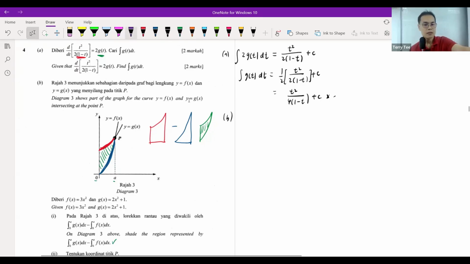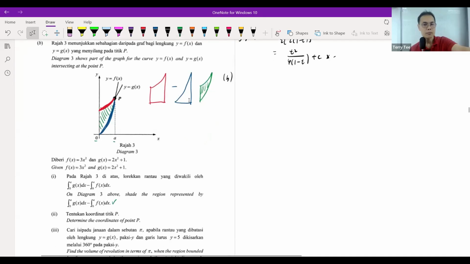All right. Then determine the coordinate of point P. P is the intersection between these two functions, fx and gx. So we let fx, 3x squared, equal gx, 2x squared plus 1. So bring it over, x squared is now 1, square root, x is 1.